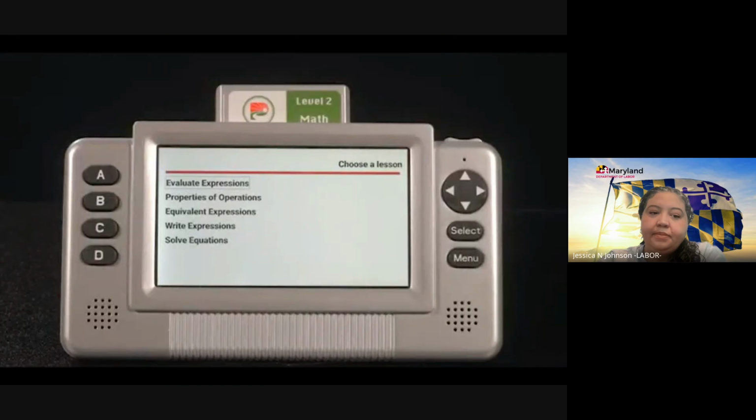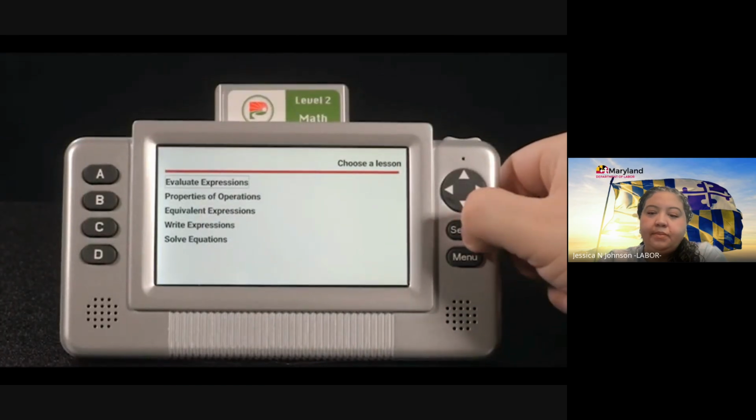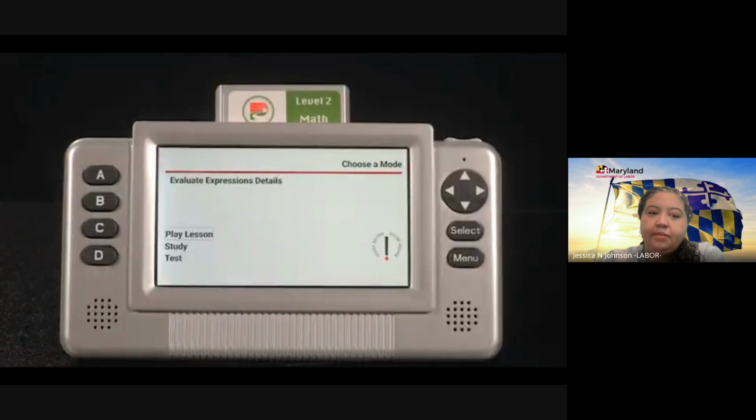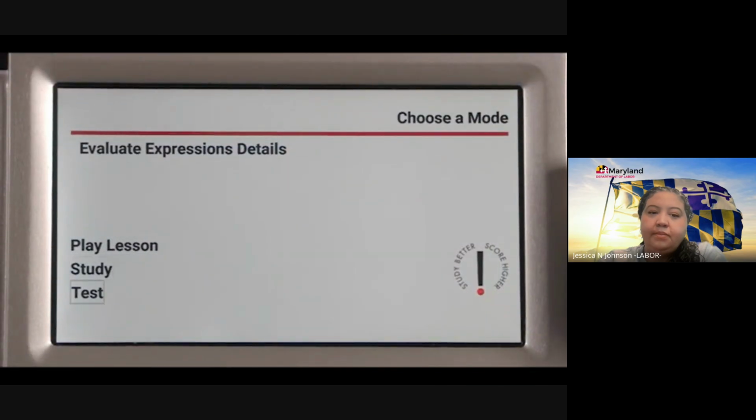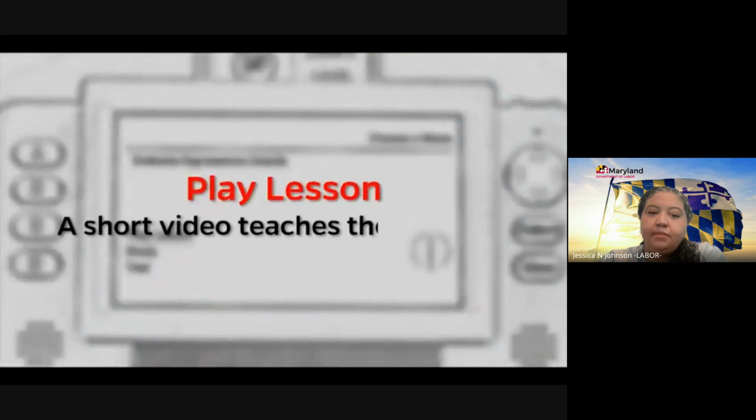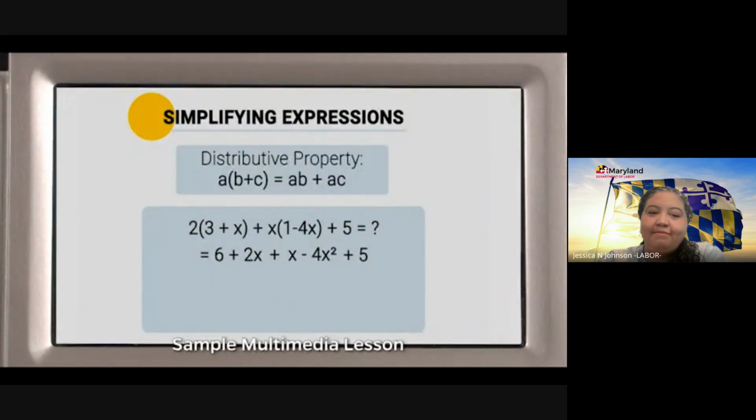Next, choose a lesson. 3 modes of operation are used to teach and measure mastery of each lesson: play lesson, study, and test. Students can play a multimedia lesson to learn the concept as many times as they need it. Next, combine like terms. 2x plus x go together, then the 4x squared, and finally plus 6 and plus 5.